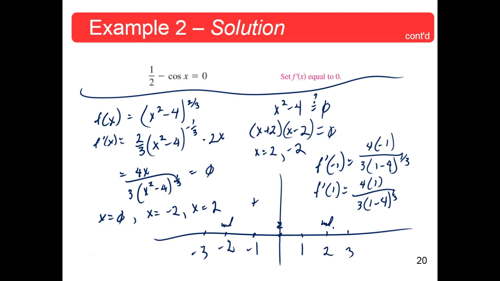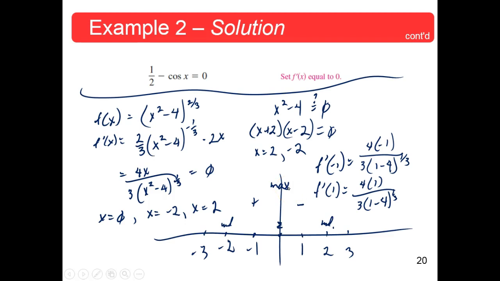The numerator is certainly going to be positive. What about that denominator? Negative. 3 times negative is negative. So that's going to be positive over negative. That would be negative here. So we have a 0 there, increasing up to there, 0, then decreasing. That's got to be a max.